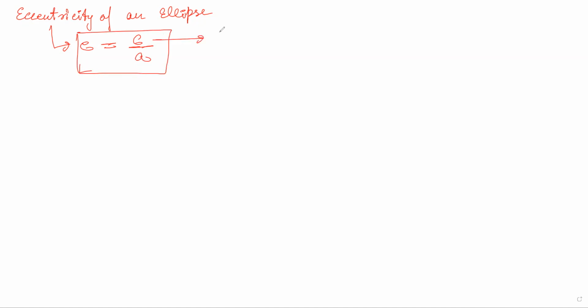Foci. This is to represent the foci, right? What was A? Semi-major axis. So E would be C by A. And now to write the standard equation, we can write it very easily.